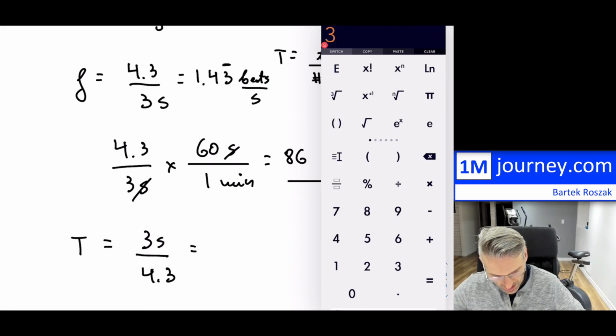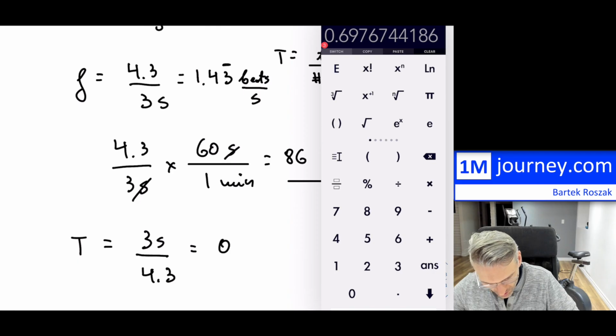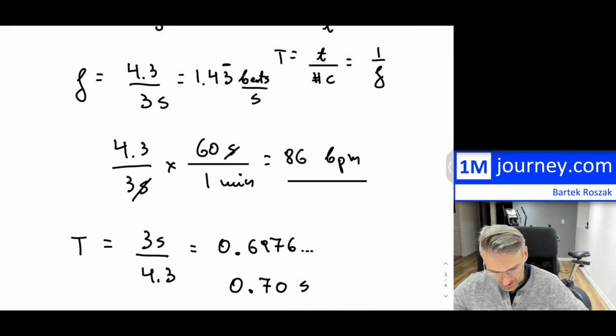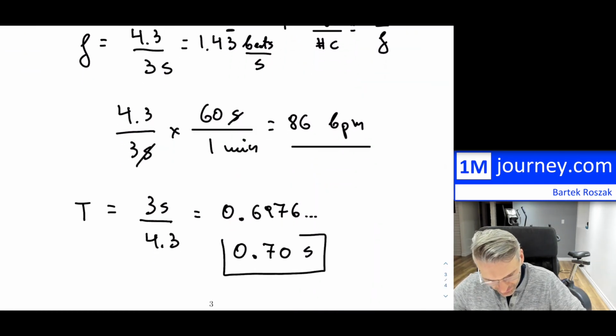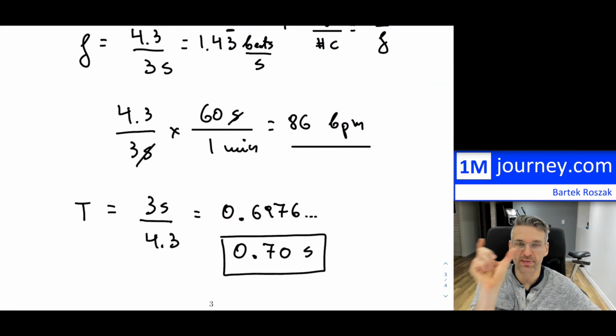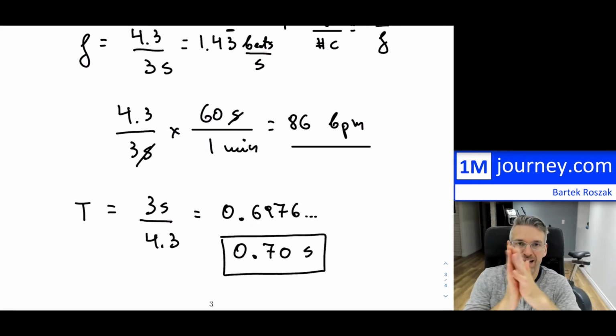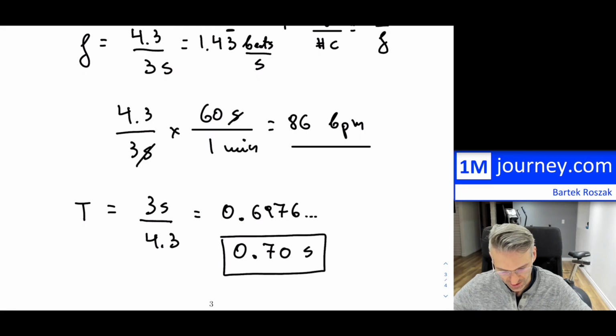So 3 divided by 4.3 is 0.6976 and so on. I'll round this to about 0.7 of a second. What this means is that one of your heartbeats takes 0.7 seconds. So the length of one cycle is 0.7.